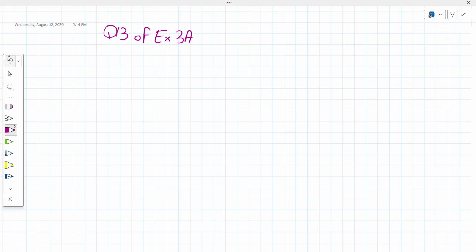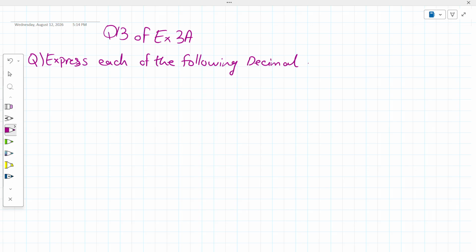In this question, the main purpose is to express each of the following decimals as an improper fraction, and also in its simplest form.